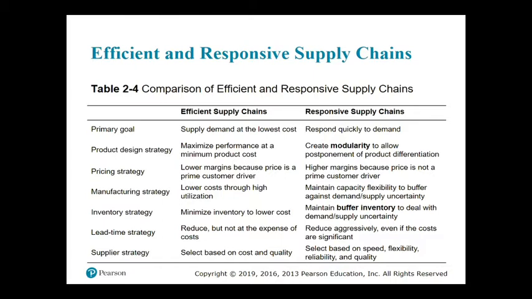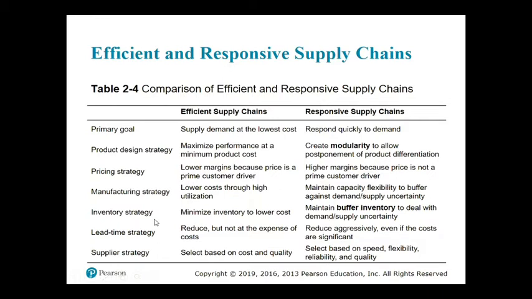So for efficient supply chain, we would like to supply demand at the lowest cost. Whereas for responsive supply chain, the concern is not so much about cost, it's about being able to adapt to customer demand most quickly and in the best fitting way possible.